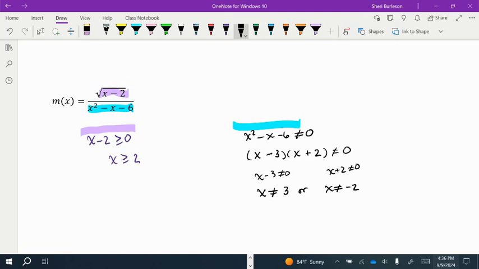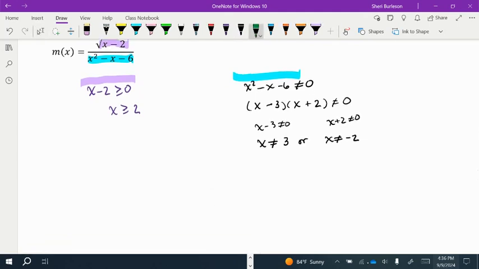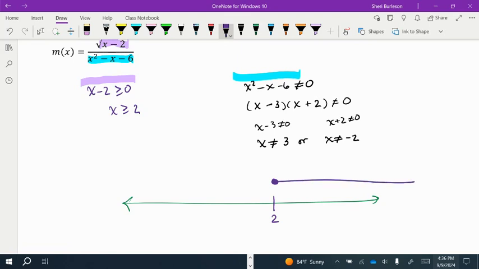So now both of these have to affect our domain. So if I'm looking at my domain, my purple part of this domain is that x has to be greater than or equal to +2. So this is the domain for the purple part.